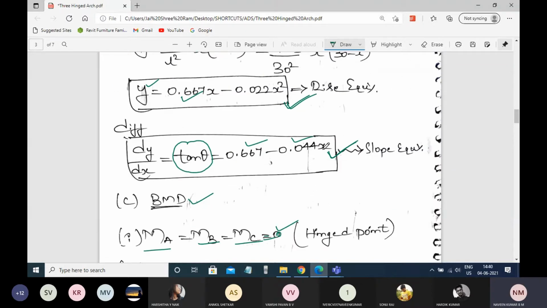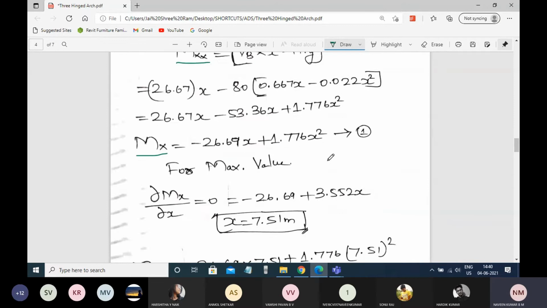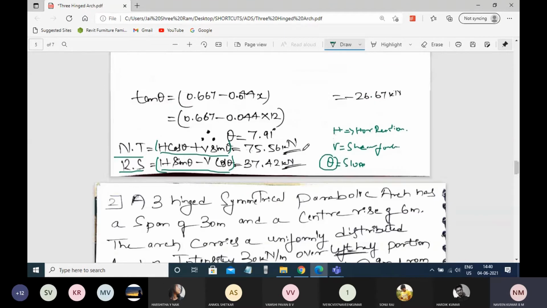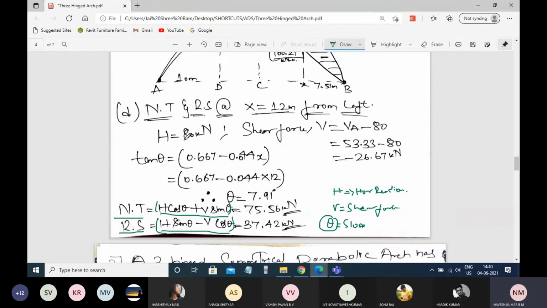Here x is 12 meter, because they have asked to find the normal thrust and radial shear at a distance of 12 meter from the left support. Understood? If I substitute, you get theta as some value.